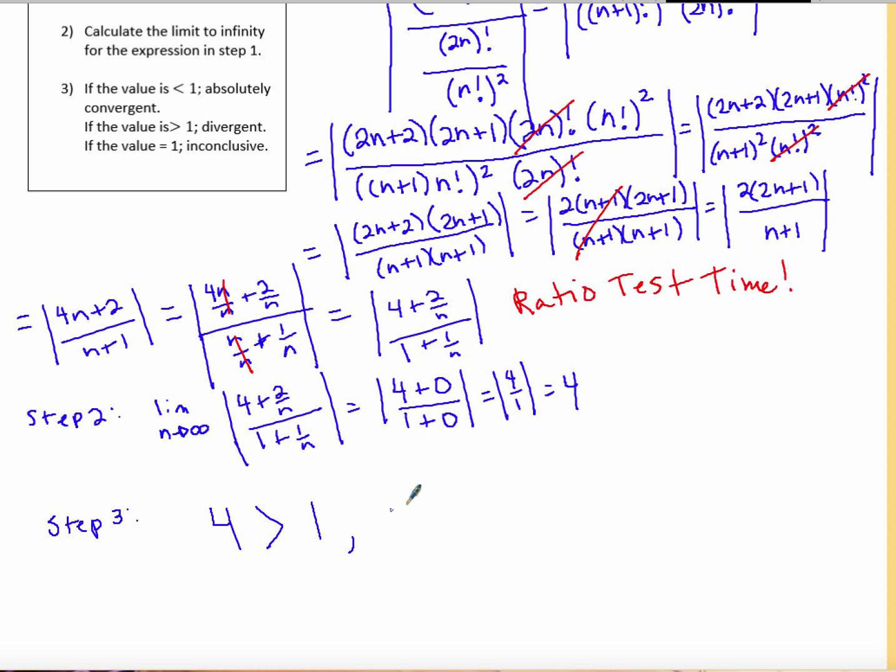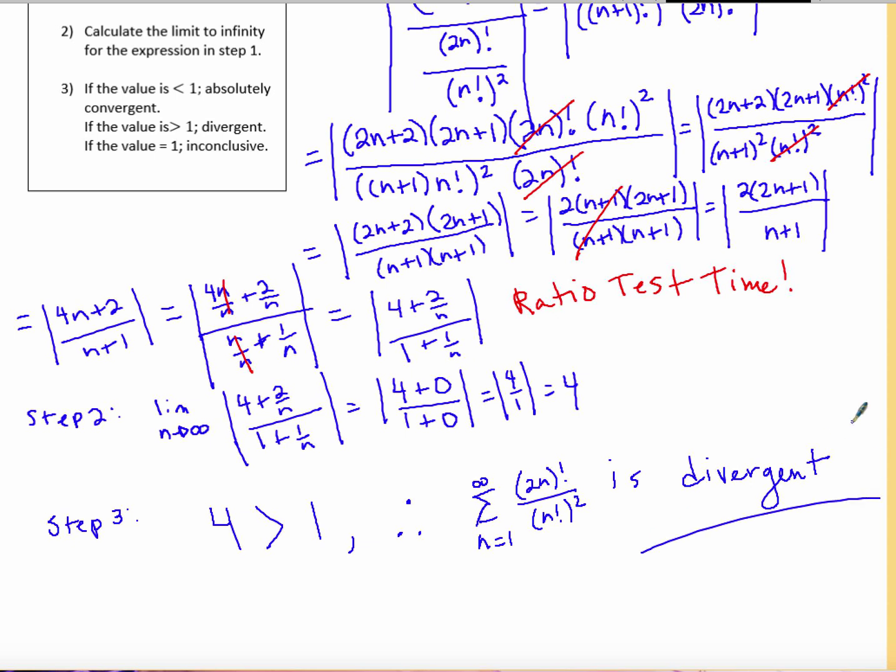So, therefore, the sum to infinity of 2n factorial divided by n factorial squared is divergent. So they don't always absolutely converge.